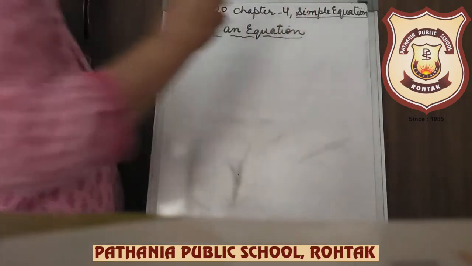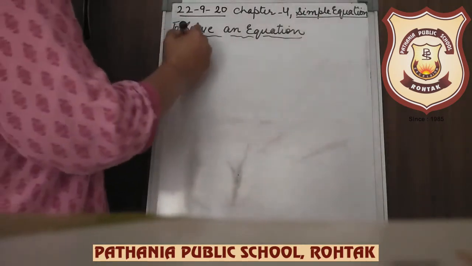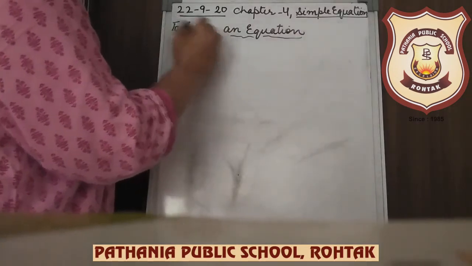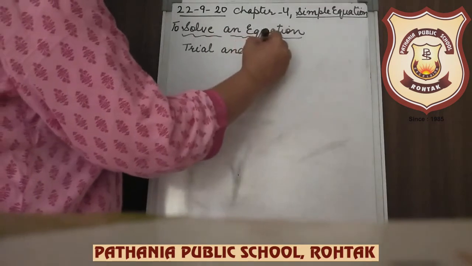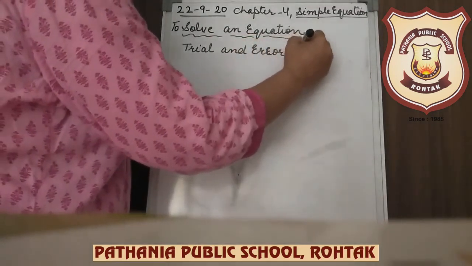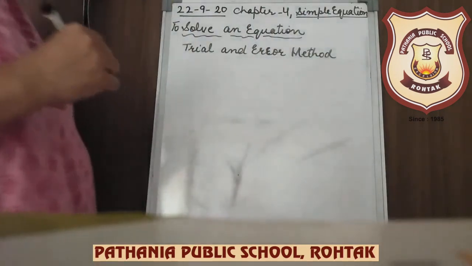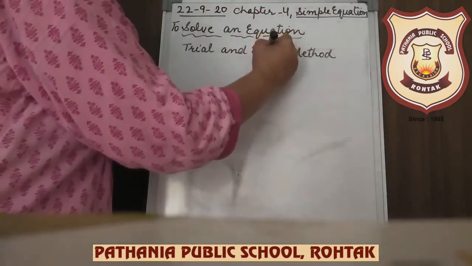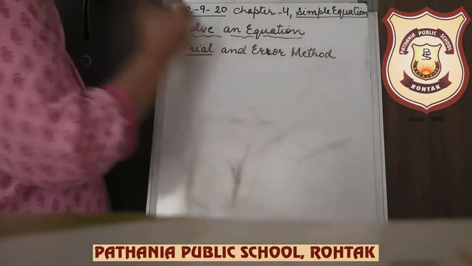Now the first method to solve an equation is the trial and error method. In this method, the first word is trial.